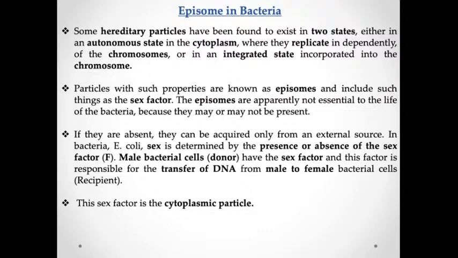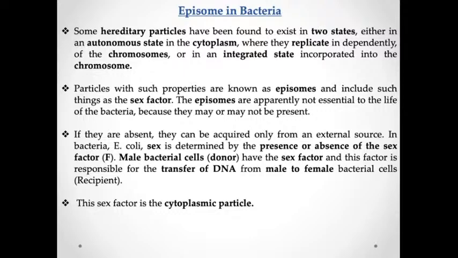Then there are episomes in bacteria. Hereditary particles can be found in two states: either in the autonomous state in the cytoplasm, replicating independently of the chromosome, or in the integrated state, incorporated into the chromosome. Particles with such properties are known as episomes and include such things as the factors called sex factors.